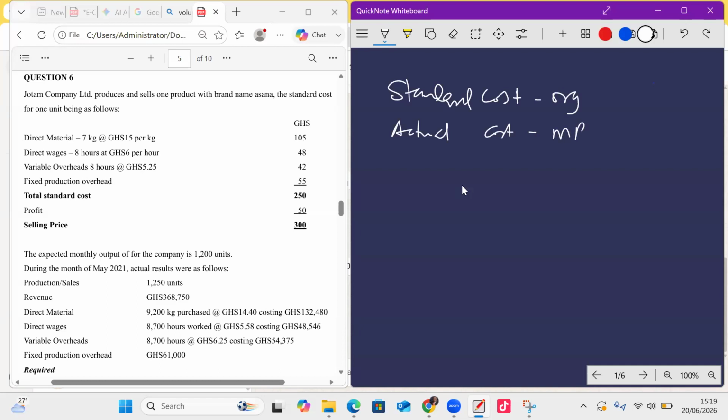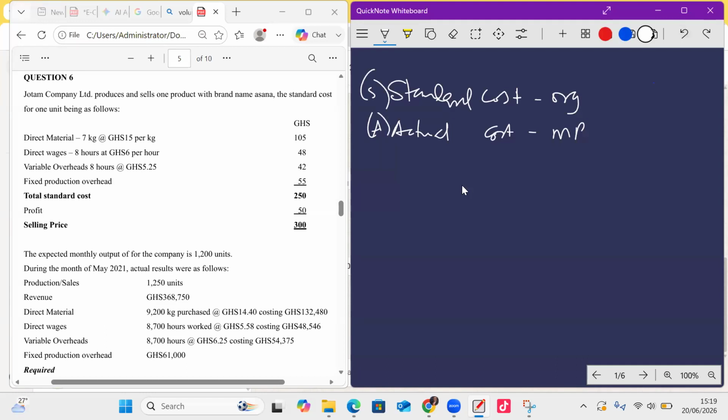So the organization determines something, and then the market price is also given. So what we are going to say is that we will be looking at the standard cost and the actual cost. Let's say S is the standard cost, A is the actual cost.